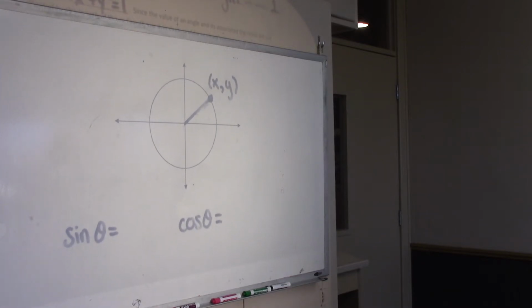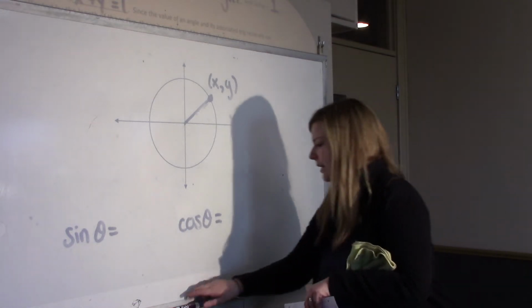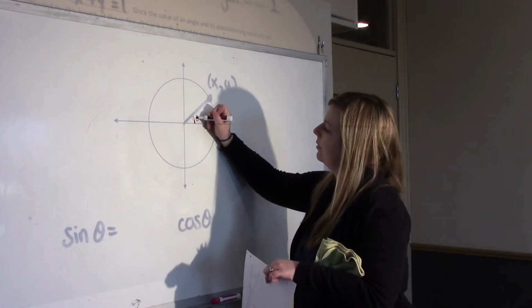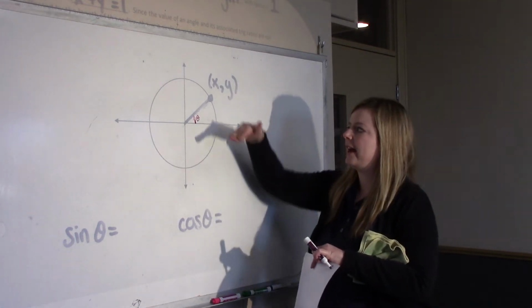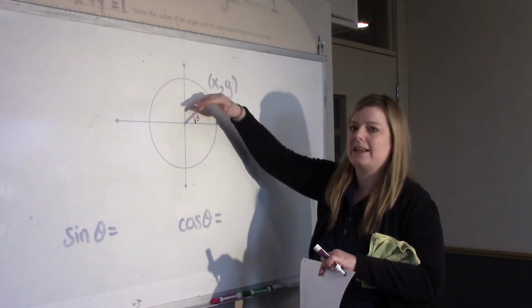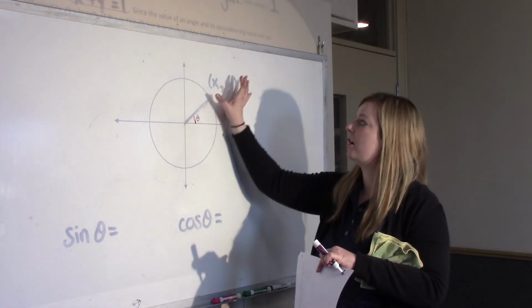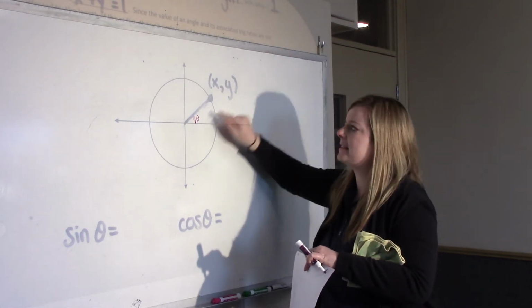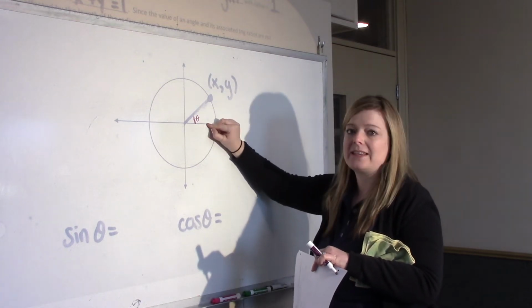So what that means is, if this is theta here, theta is going to be theta no matter how long this arm is. If this arm is 1 long or 2.5 long or √3 long, it doesn't matter. It doesn't affect how big this angle is.